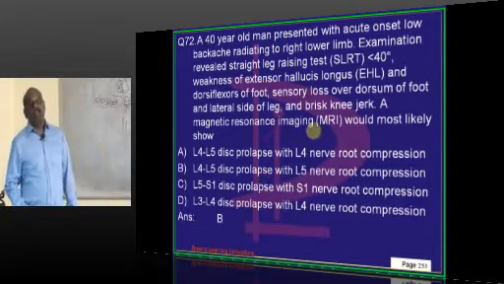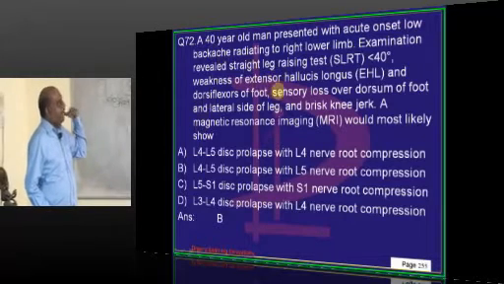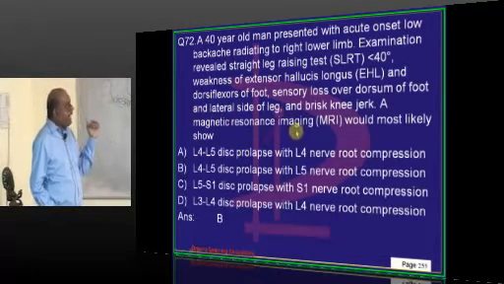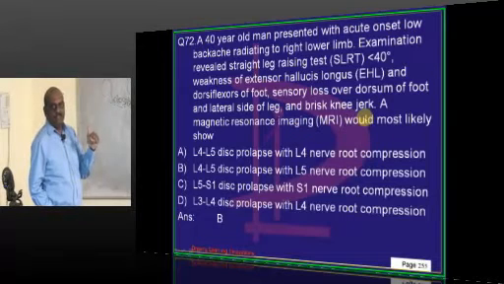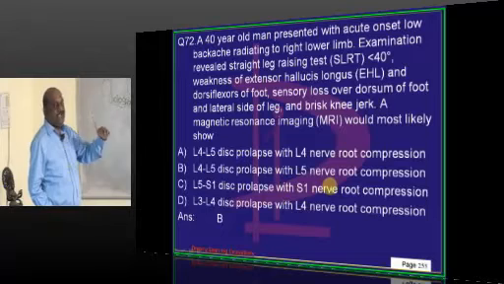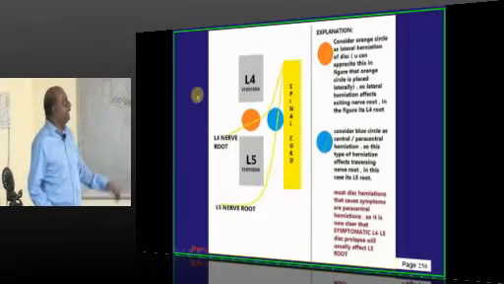So, doctor, all this, that is extensor hallucis longus, dorsiflexor, sensory loss on the dorsum of the foot, lateral side and a brisk knee jerk, they are all suggestive of a L4, L5 disc prolapse with the L5 nerve root compression is what you need to basically remember.